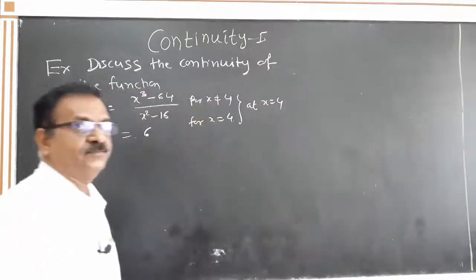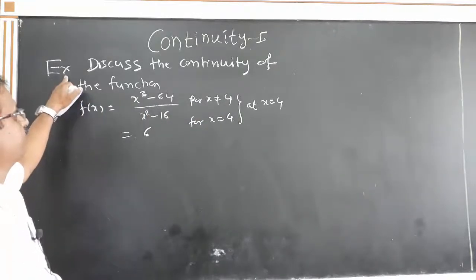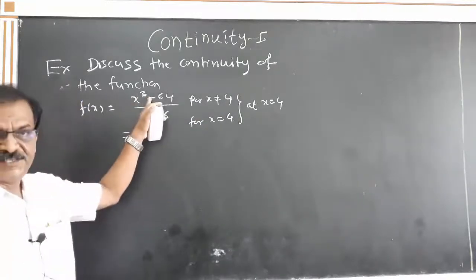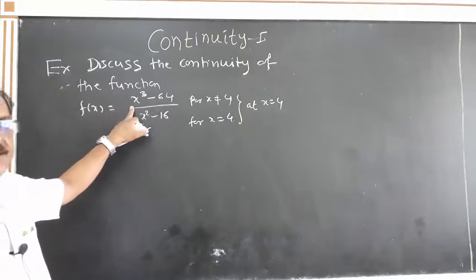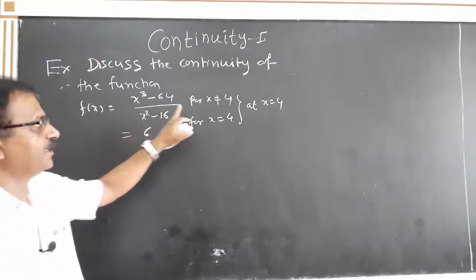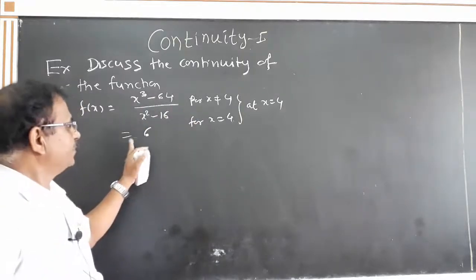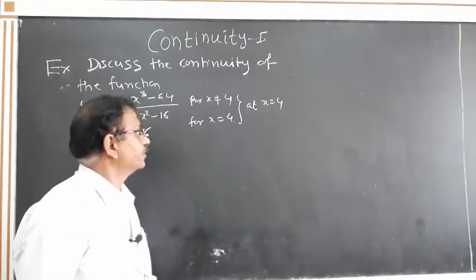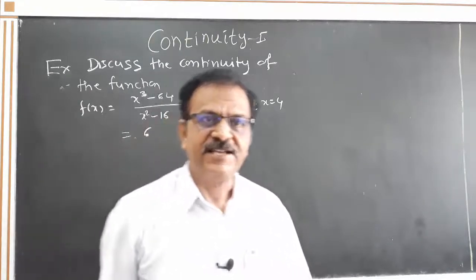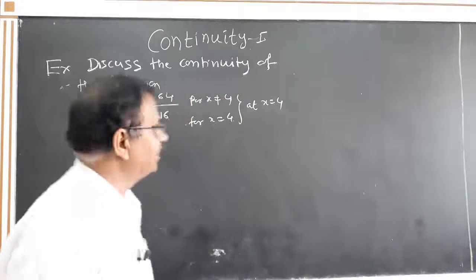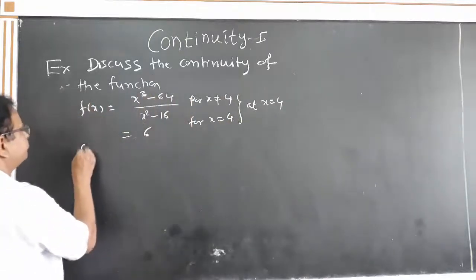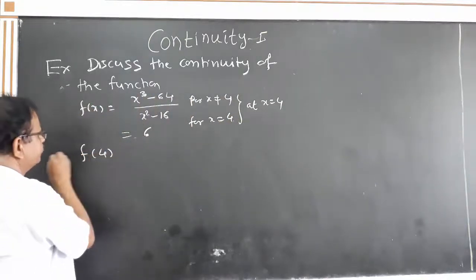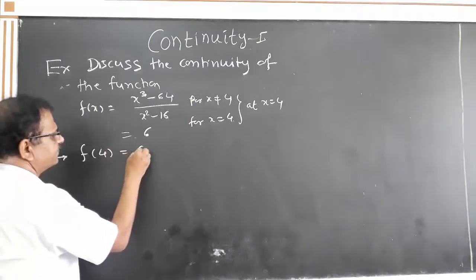Our next problem is, discuss the continuity of the function f(x) equal to (x cube minus 64) divided by (x square minus 16) for x not equal to 4 and f(x) equal to 6 for x equal to 4, and we have to discuss the continuity at x equal to 4. We require f of 4 and it is given as 6.